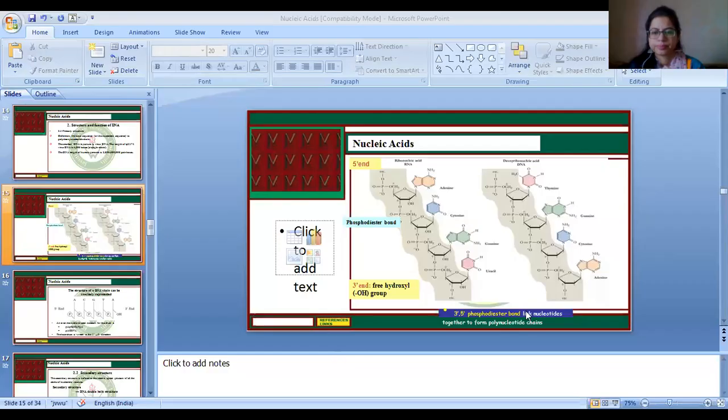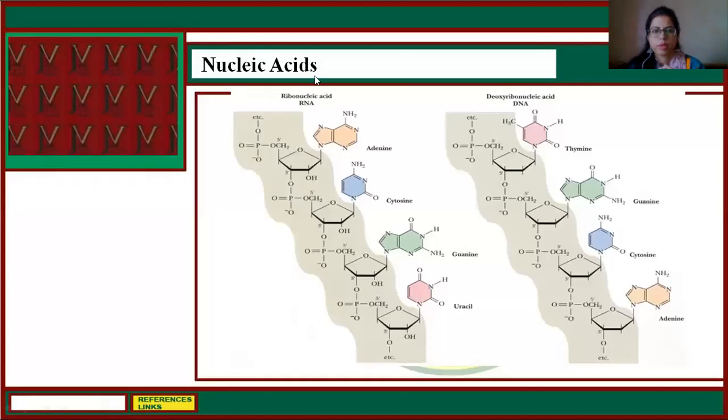Now again I am sharing this screen to help you understand the basic differences between RNA and DNA. The first basic difference is that DNA is a double helical structure.